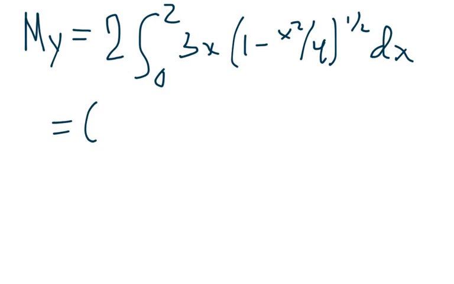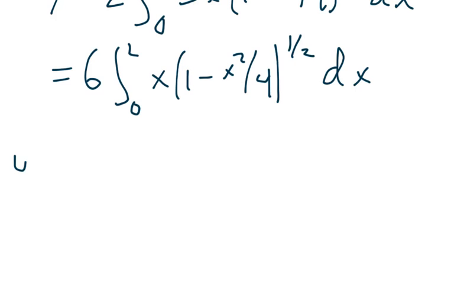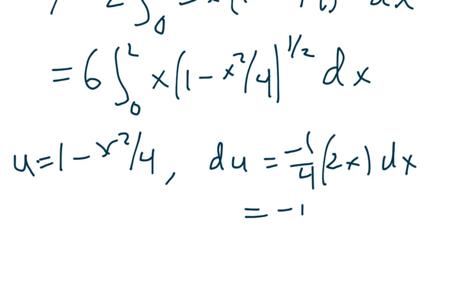Okay, so now we can bring out the 3, and we just have this integral of x times (1 minus x squared over 4) to the 1/2 dx. And we see this is just a nice u substitution. u is equal to 1 minus x squared over 4. So then we're going to pick up our 2x dx. du is equal to minus 1 over 4 times 2x dx, or minus 1/2 x dx.